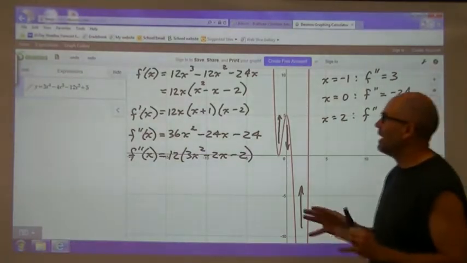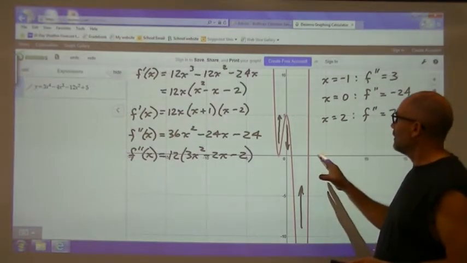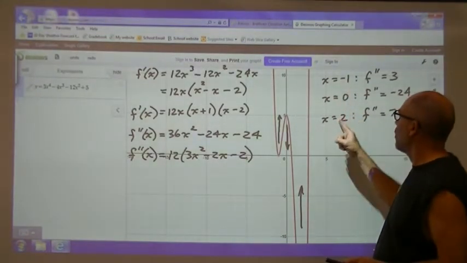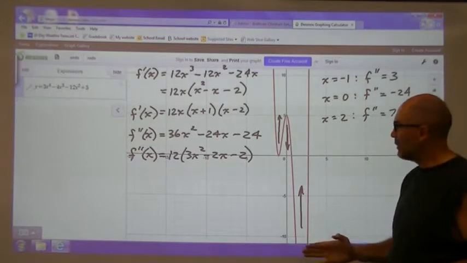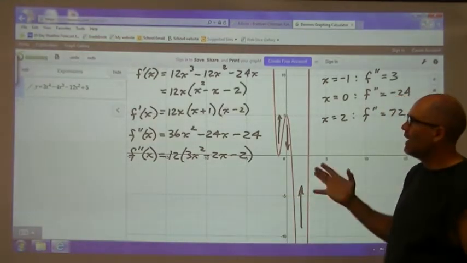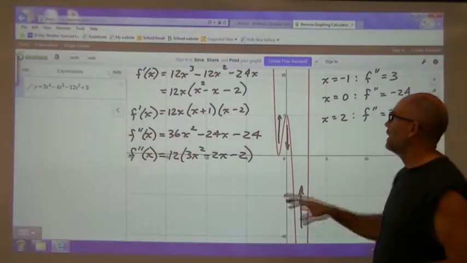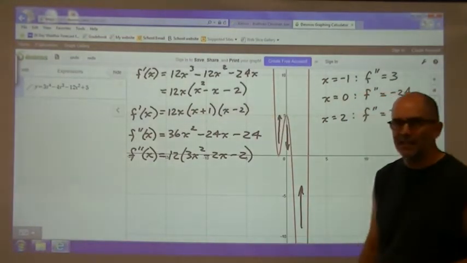So that's my second derivative test. And remember, for the second derivative test, I just had to test 1 point, and that's it. First derivative test, I had to look to the left and to the right, and that's not all that difficult, but second derivative test for a polynomial function is a lot easier.